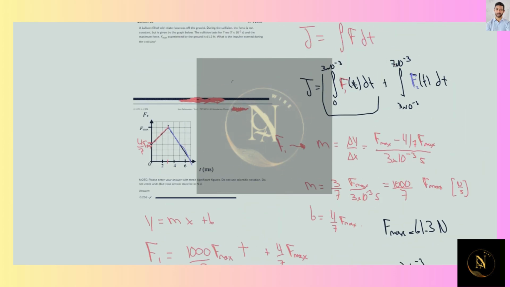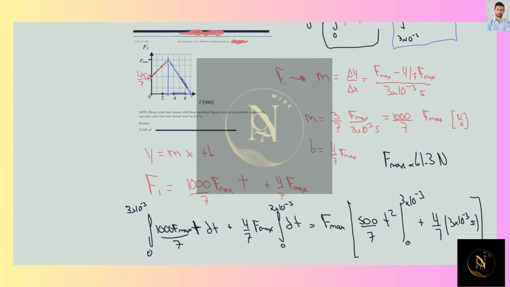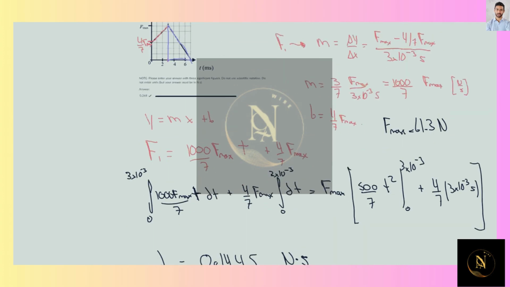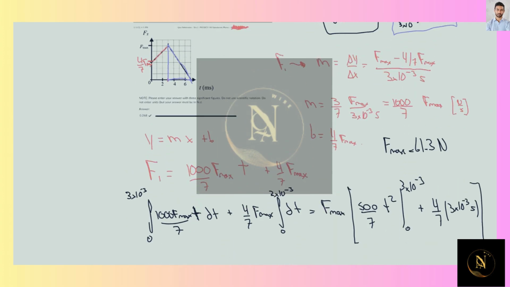Now for the second section, the section in purple, we can do the calculation a little bit easier because this is nothing but a right triangle. The height is going to be F max. The base is going to be equal to 4 milliseconds.